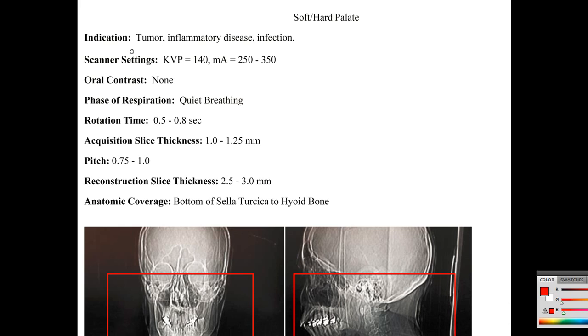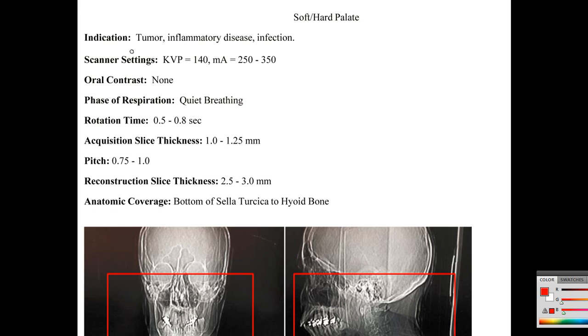Scanner settings are going to be much the same as we saw for the parotid gland. KVP is going to be 140 and MA around 250 to 350. Once again, oral contrast is not utilized, and the phase of respiration is quiet breathing, because small shallow breaths will not really disrupt what we're trying to see.